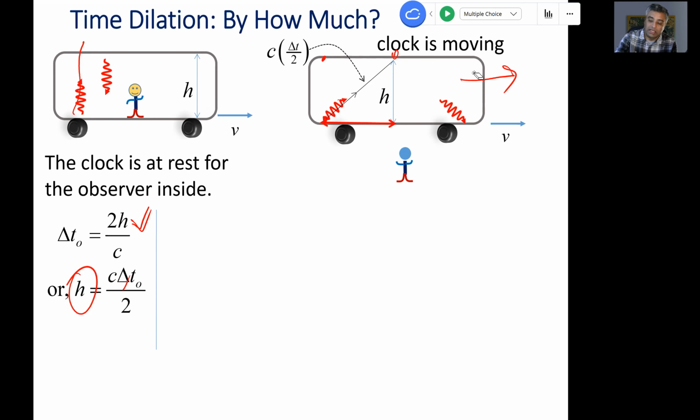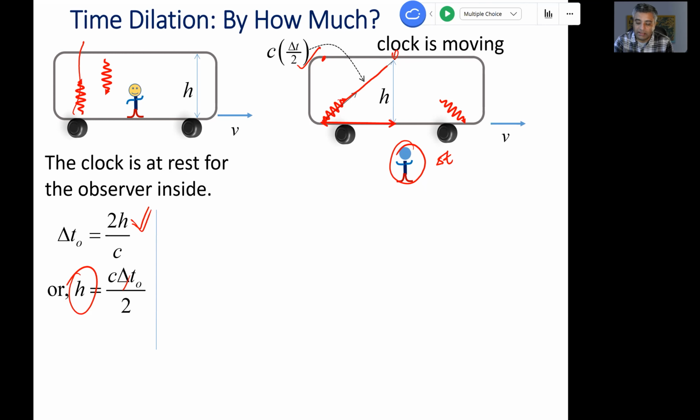So now, what is this distance? Let's suppose the time measured by this observer for this event is delta t. If that's the case, then the time it takes to go from here to here is going to be half of that, right? It's halfway. Multiply that time by the speed of light, and since this is light that's moving, that's going to be the distance.